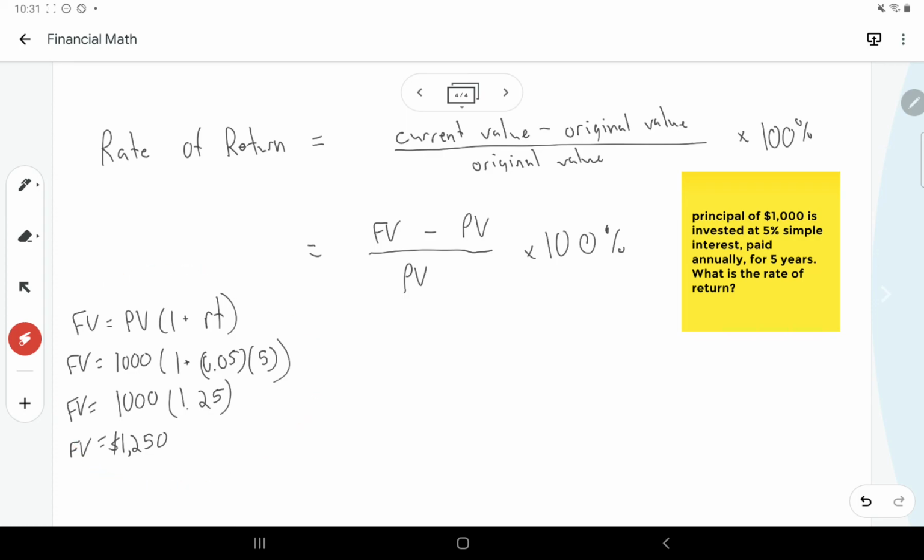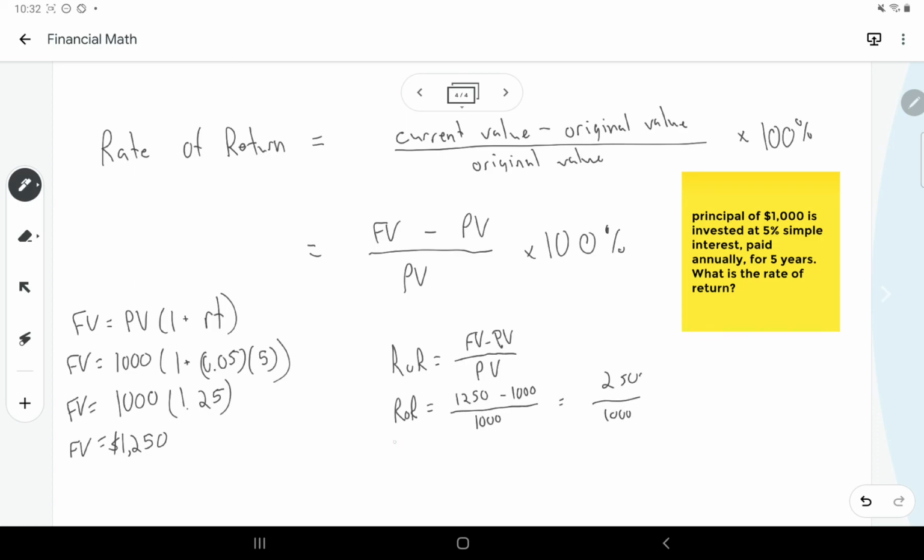Okay, so now we do our rate of return. So rate of return equals the final value minus the present value over the present value. So our rate of return equals the final value, which is 1,250 minus 1,000 over 1,000. Okay, so we get 250 over 1,000, so our rate of return equals 0.25.